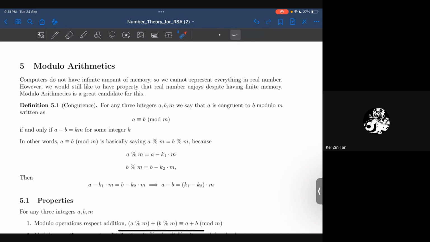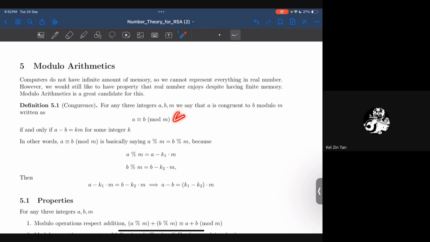I have already mentioned this before, but now I'll just reintroduce it. We have congruence. For any three integers a, b, and m, we say that a is congruent to b modulo m. How do we read this?